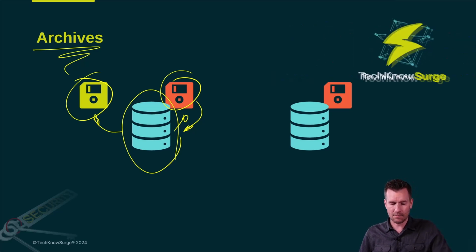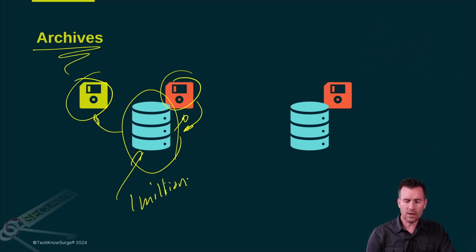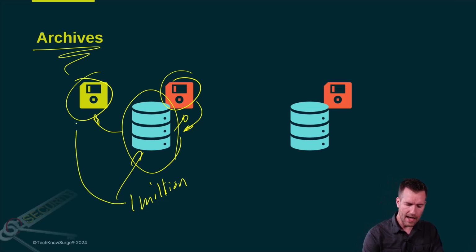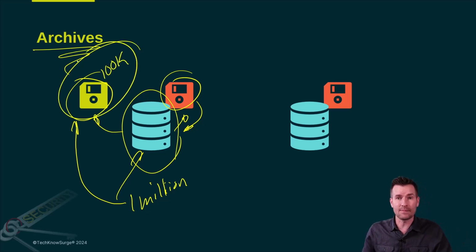So let me give you an example of this. Let's say we have a database here and it has a million records in it. And what we want to do is delete 100,000 of those records. And so we're going to clean things up. But before we delete these 100,000 records, we're going to move a copy of them into an archive. So we have these old records in the archive just in case we need them again.